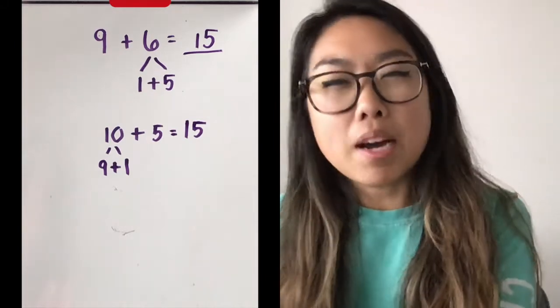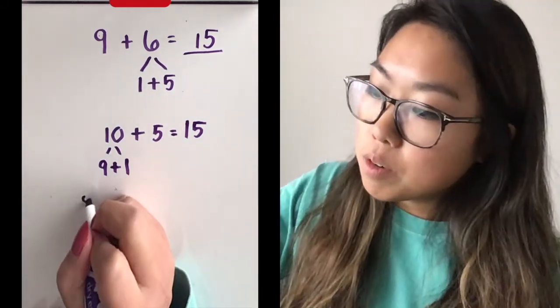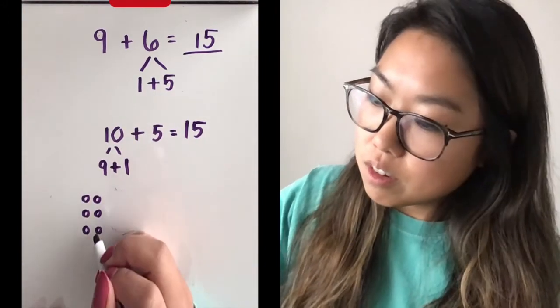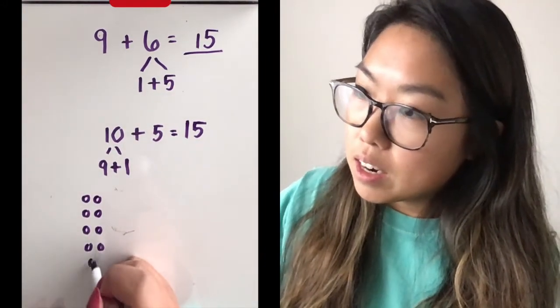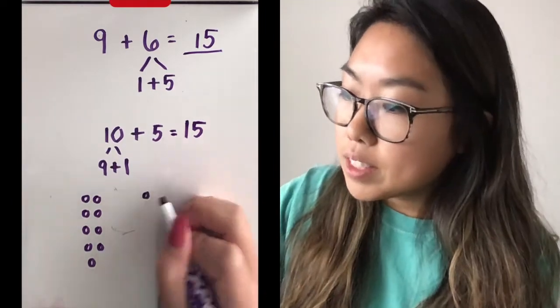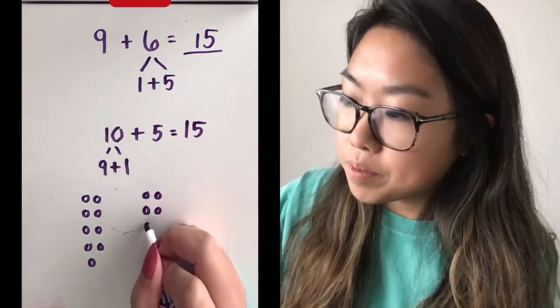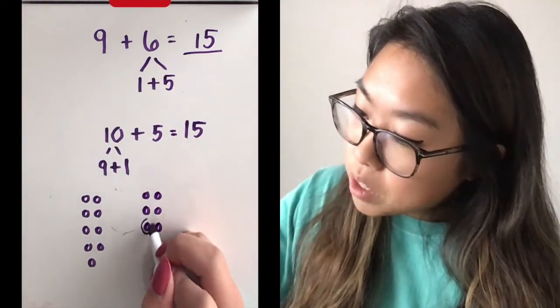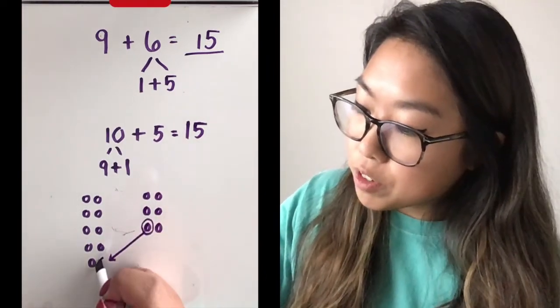If you're thinking about how you could draw a picture, you could start with 9 circles: 1, 2, 3, 4, 5, 6, 7, 8, 9. And then I have 6 more that I'm adding. It's kind of like a tens frame where I take one of these and move it over here.